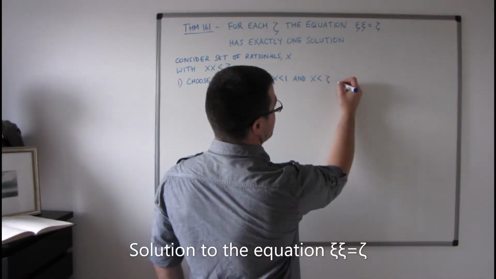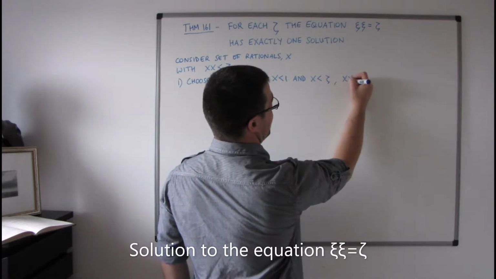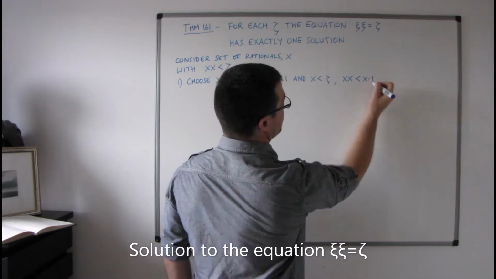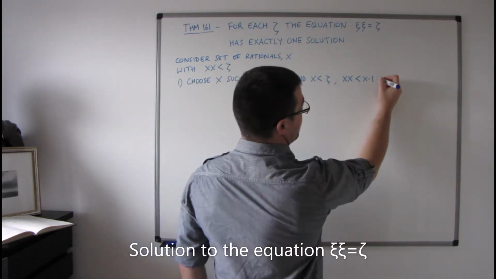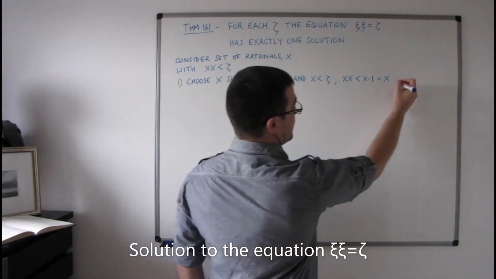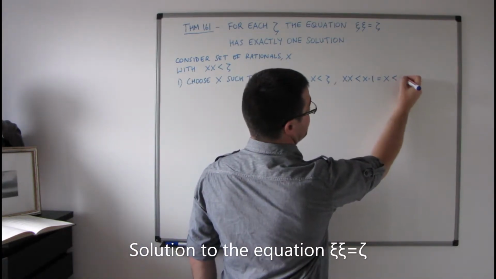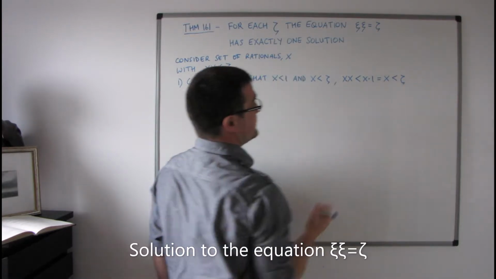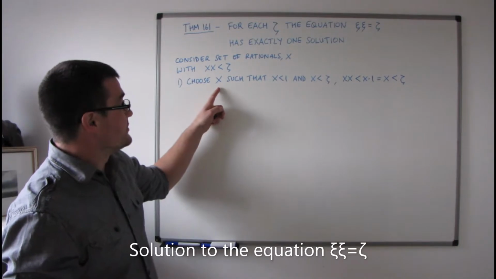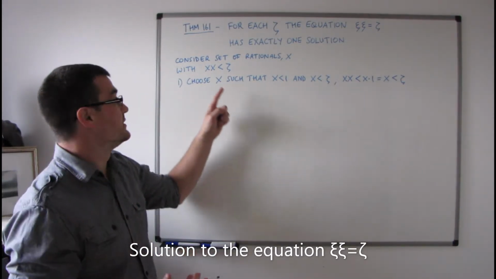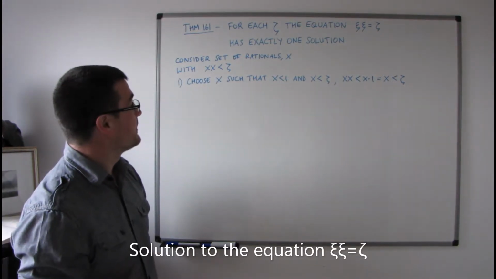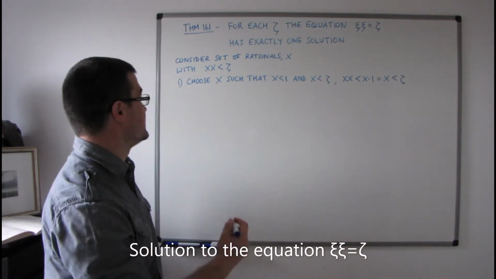Well, in that case we get that x times x is less than x times 1. X times 1 is of course equal to x, and x is less than zeta. So therefore the x that we chose must be in our set because it satisfies the right conditions. So we've definitely got a non-empty set, which is good.